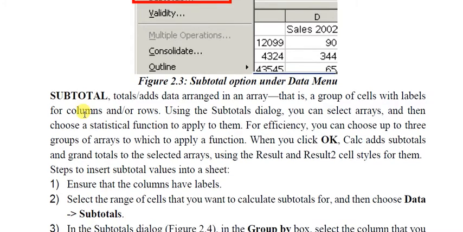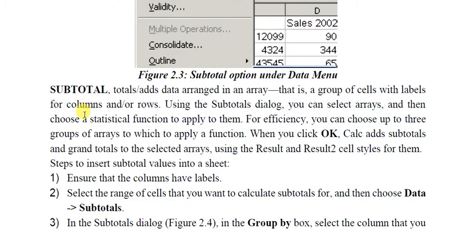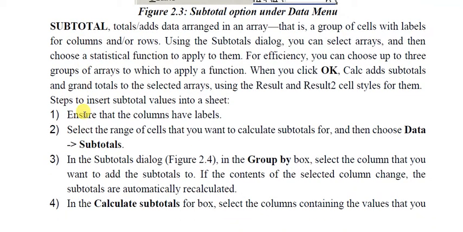So, Calc is the name of that spreadsheet here in OpenOffice. Okay. So, what you have to ensure while working with subtotal is that the columns have labels. Suppose you have data, so that data must have the labels. Suppose you have the marks of subjects like English, Hindi, Math, Science, Social Science, Sanskrit, and so on. So, the labels are a must.